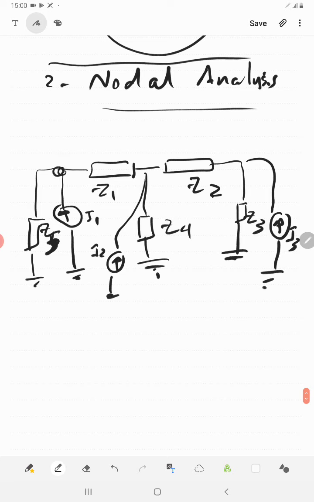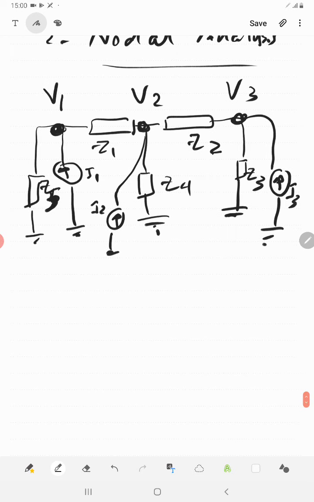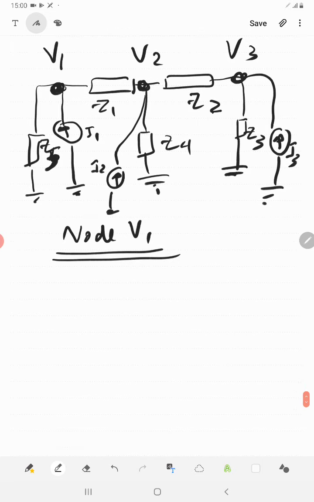Okay? Now, how many nodes do we have? We have 3 nodes. This is node 1, say V1. This is node 2, V2. This is node 3, V3. So, to write nodal equations, say node 1, node V1: 1 over Z1 plus 1 over Z5 times V1.